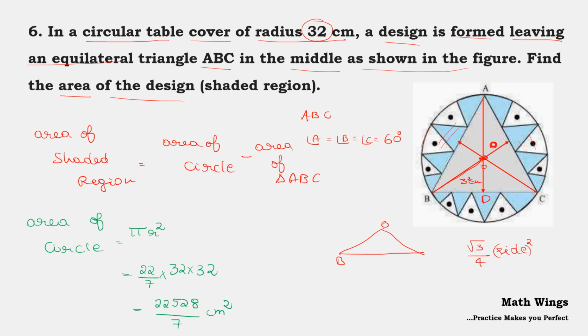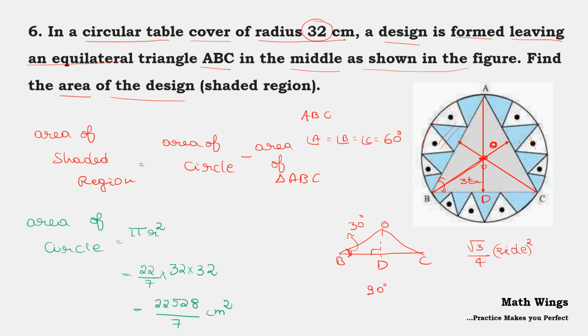At the point D, if I draw the perpendicular like this, I have D here, I have C here. What is the angle D? That is equal to 90 degree. As well as, what is the angle B? Angle B is equal to 30 degree because BO divides the complete angle B into two equal halves. Therefore, angle B is 30 degree.